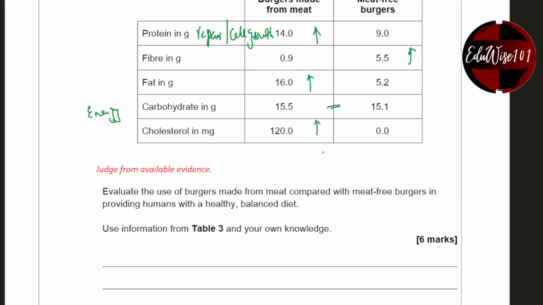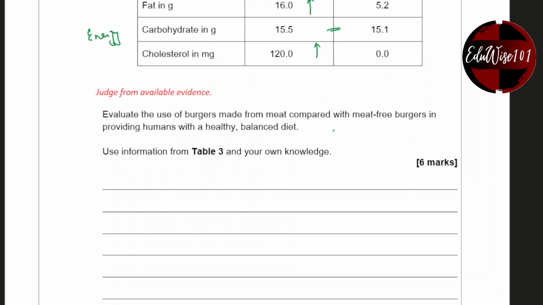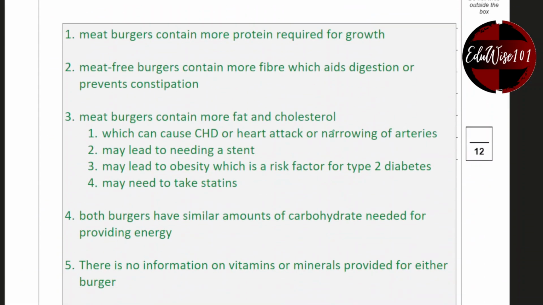So how do you write the answer? Here's a typical answer. Meat burgers contain more protein required for growth. Meat-free burgers contain more fiber, which aids digestion or prevents constipation. Meat burgers contain more fat and cholesterol.